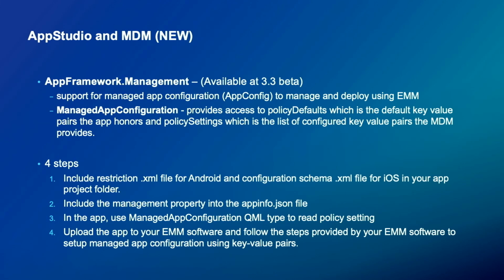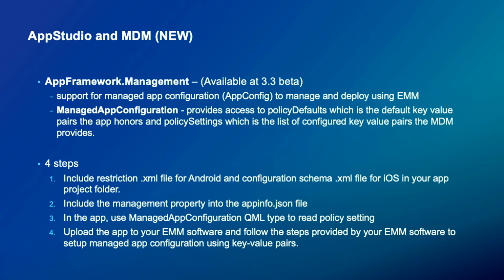And they will transmit that over the air to all the devices. And all the devices will say, okay, an MDM agent, they'll install something called an agent, and the agent will say, oh my God, my configuration has changed. I'm going to let all the apps know that this has changed. So your app, through this managed app configuration, will listen to that and then tell your code that, hey, something has changed. So please react to this.